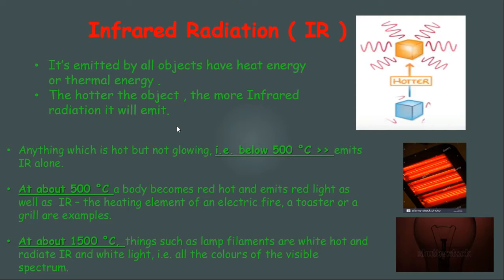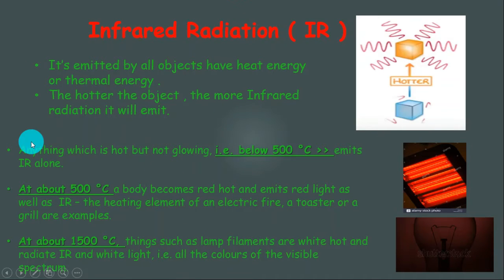But because we cannot see infrared radiation with our own eyes, we can't see these waves. Even our bodies, all the time, are emitting infrared radiation. But when the object is hotter, it is emitting more and more infrared radiation.